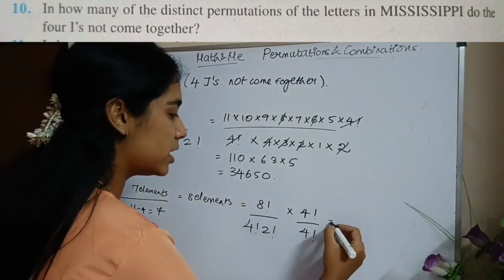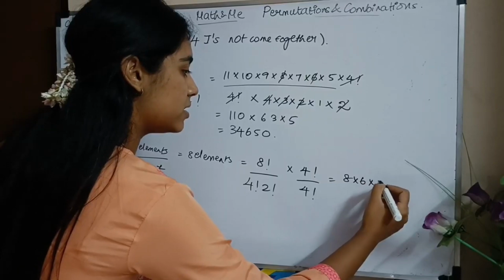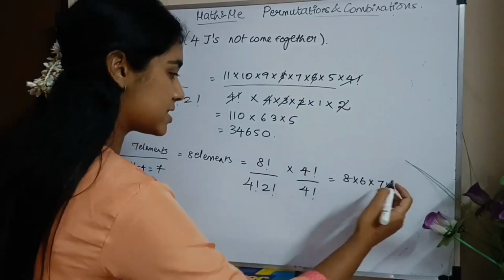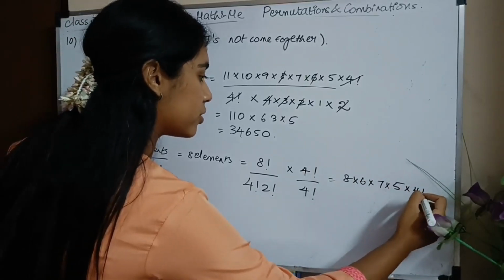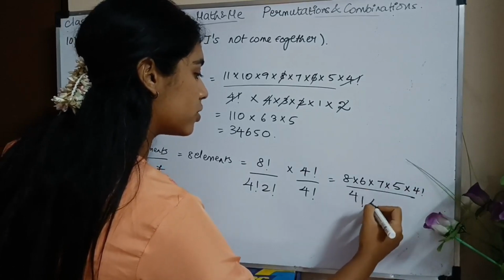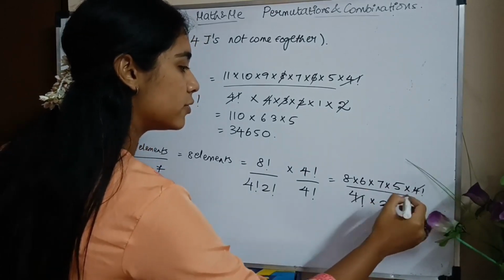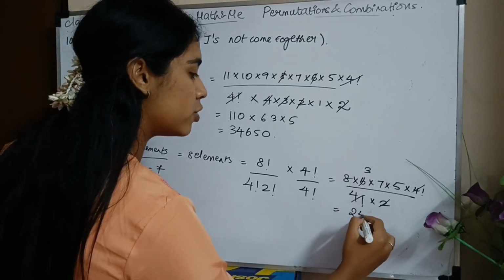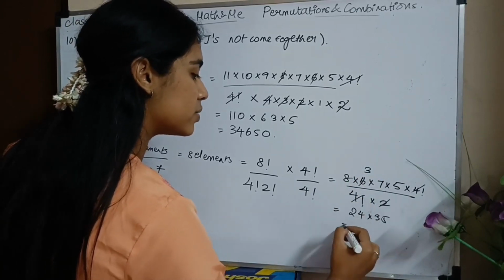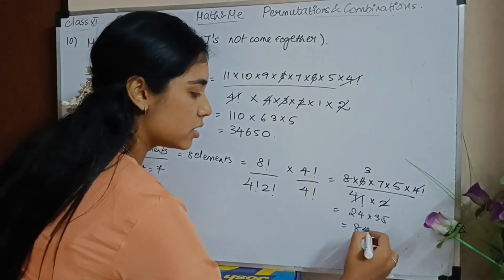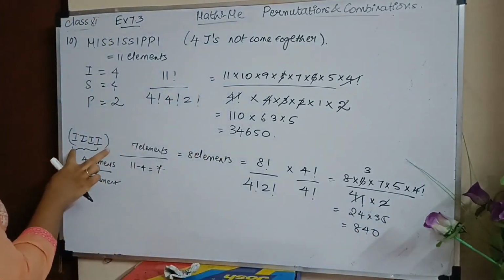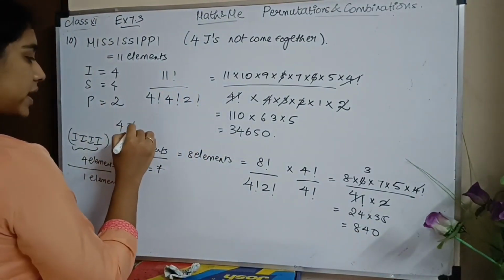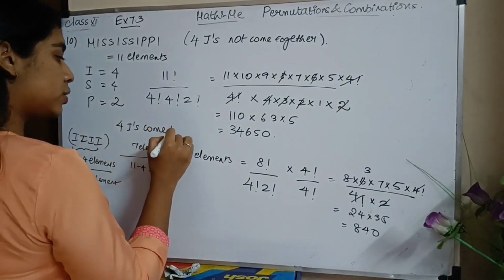If 8 factorial is 8, 7, 6, 5, 4 factorial divided by 4 factorial times 2 factorial, which is 2. So 4 is gone, and 2 3s are 6. I'll be left with 8 3s are 24, times 35, which is 840. So this is when the 4 I's come together.